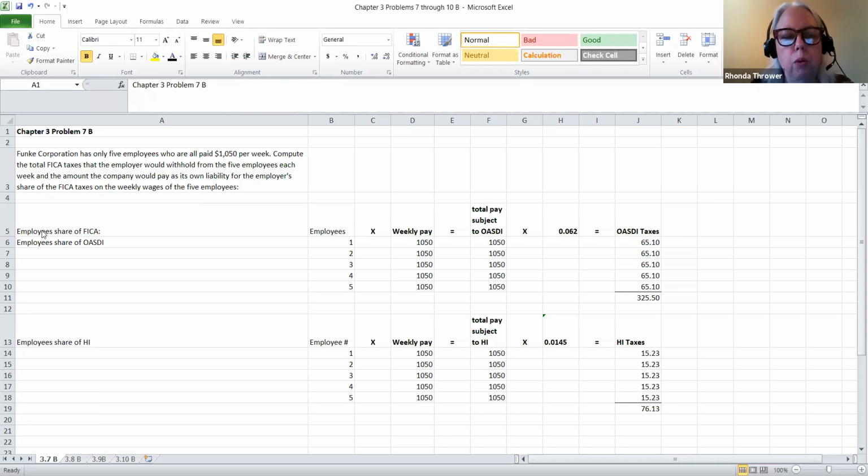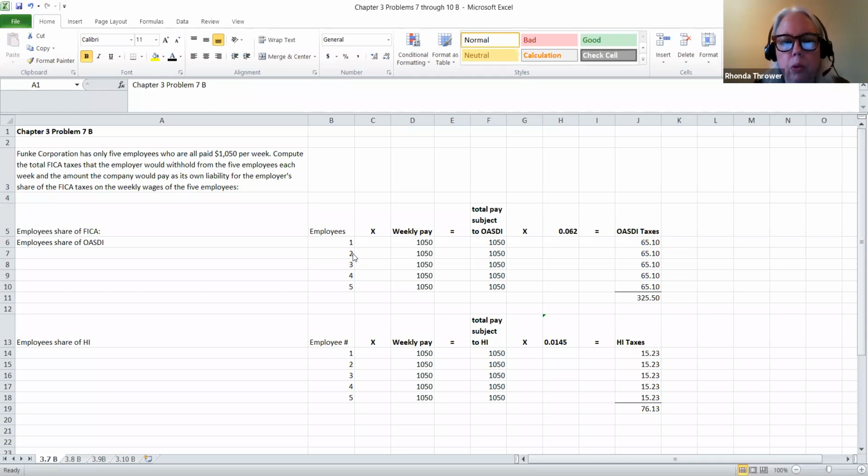So first of all, we're going to calculate the employee's share of FICA. The employee's share of FICA would be calculated by taking each employee and multiplying it by their weekly pay. So the first employee is subject to the weekly pay of $1,050.